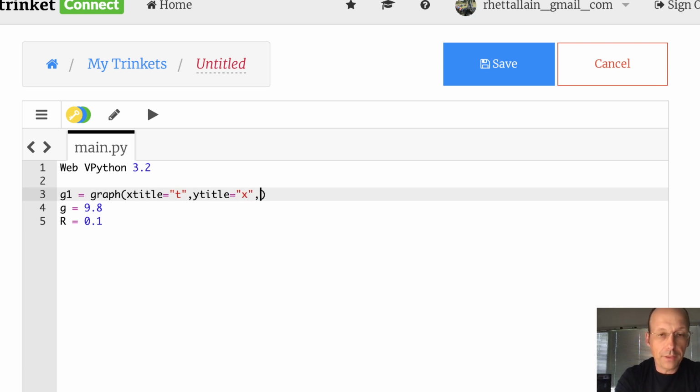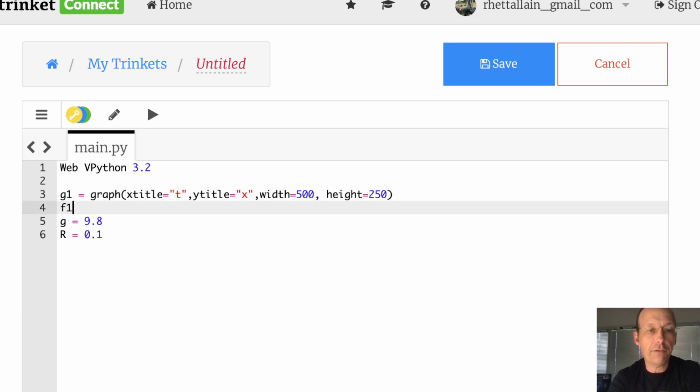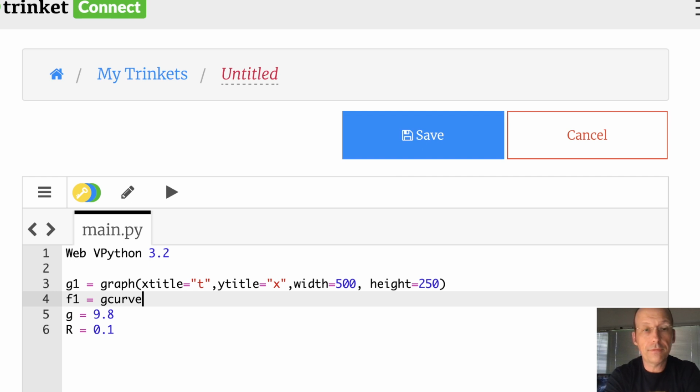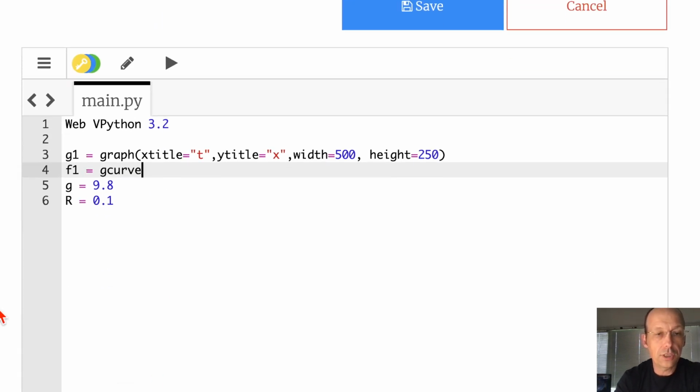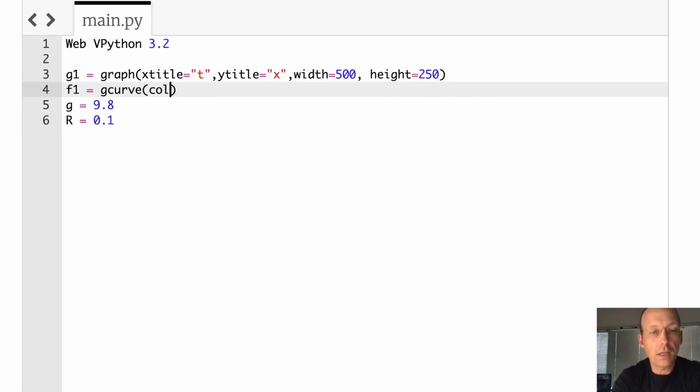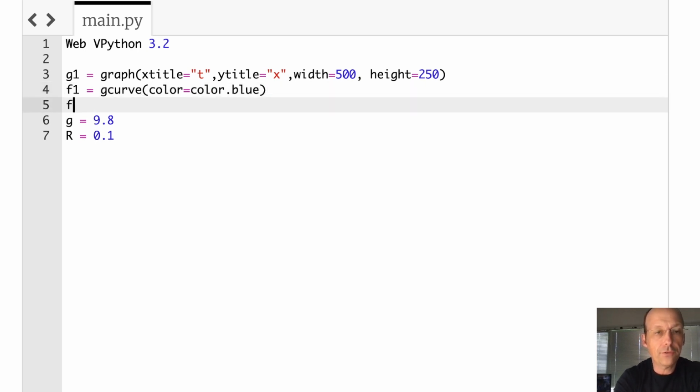And then let's put width 500, height 250. And then I need two things to plot. f1 equals gcurve. Is this big enough? That's better. gcurve, color equals color.blue. And then f2 equals gcurve, color equals color.red.